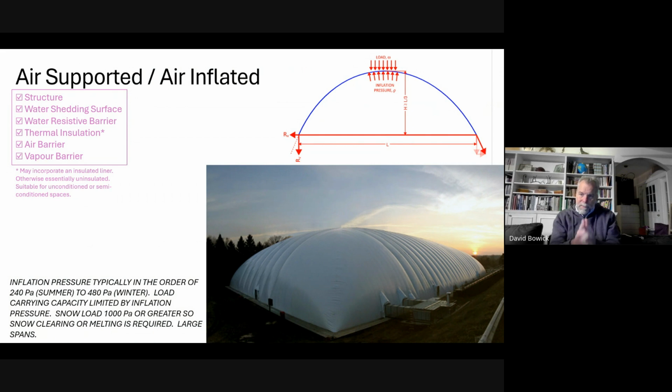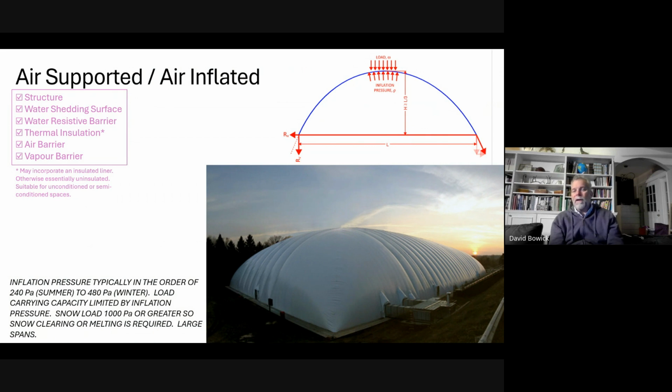Does anyone remember what the snow load in Toronto is, roughly? All right, I'm going to give you a hint. It's roughly 1 kPa, so twice the inflation pressure, which means that the 1 in 50 snow load will collapse an air-supported structure.